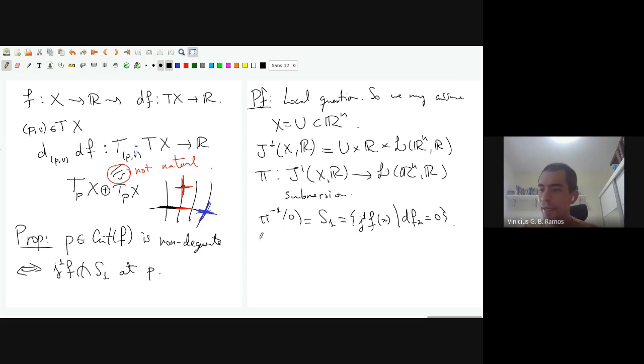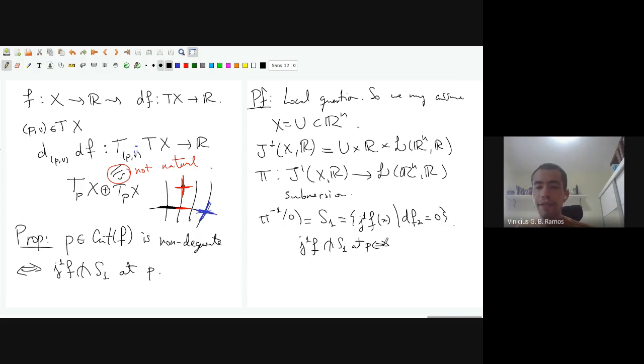So now I claim that the first jet of F is transverse to S1 at P if and only if, when I compose with pi, I get a submersion. Or I mean, this is not a claim, this is kind of obvious.